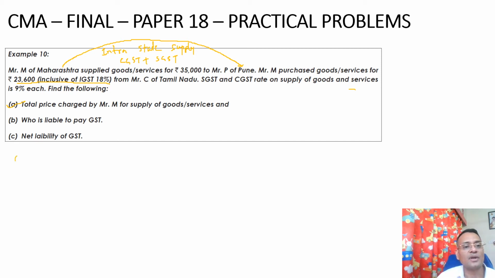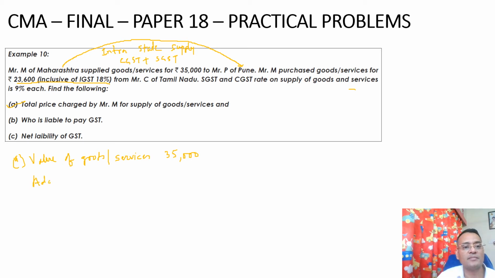So first one is value of goods/services is 35,000.